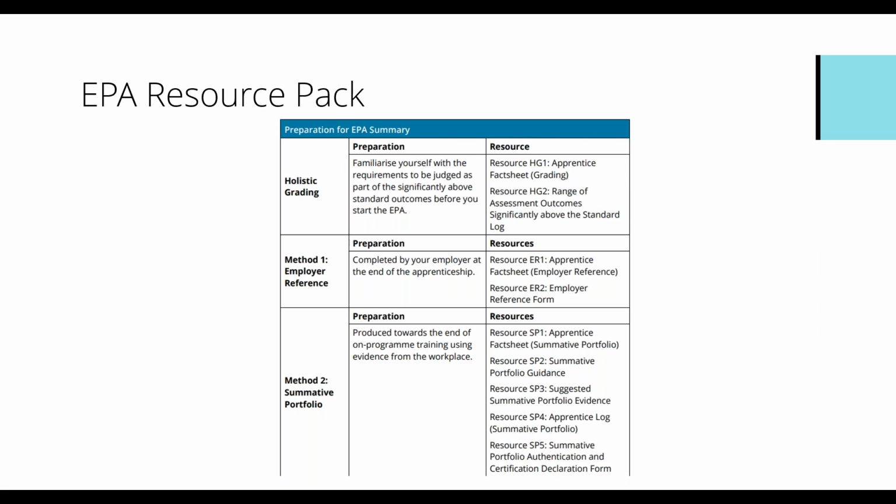What were the objectives that they achieved or were trying to achieve? How did they integrate with other parts of the business or external stakeholders or clients? Anything of that nature that can be detailed in an employer reference, an assessor can look at and map quite clearly against criteria. The second method we look at is summative portfolio.